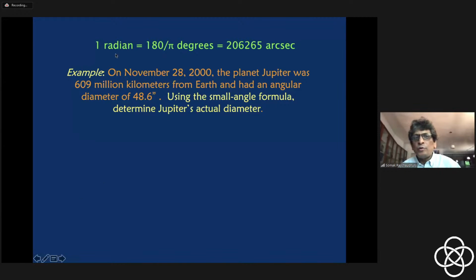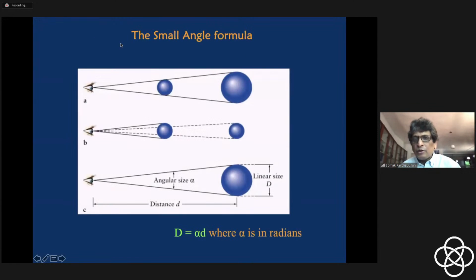This number is very important: 1 radian is 180 divided by pi degrees, and that's 206,265 arc seconds, a number worth remembering. We need the radian because in this formula the angular size is in radians. So in order to use the formula d = alpha times D, you need alpha to be in radians.